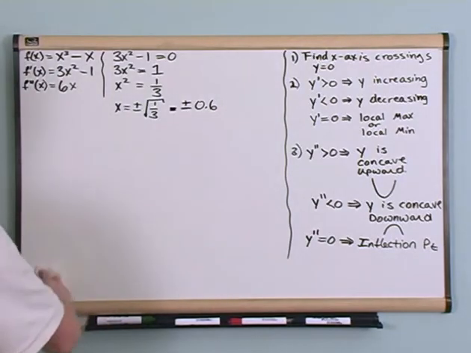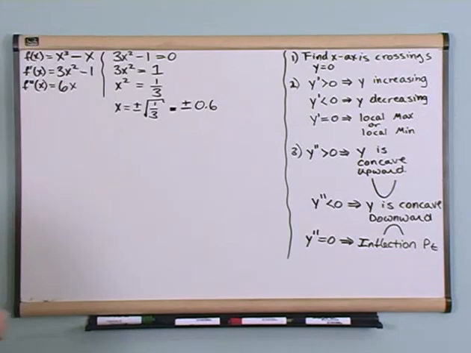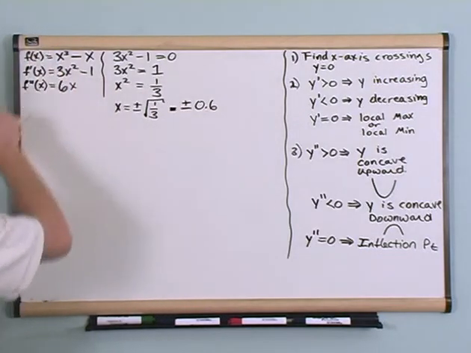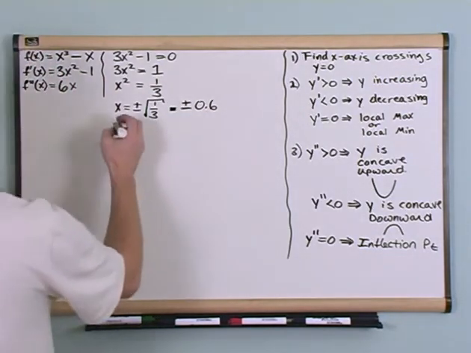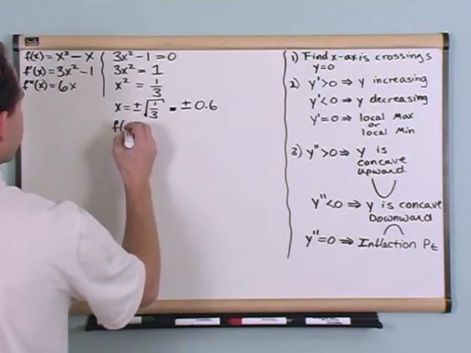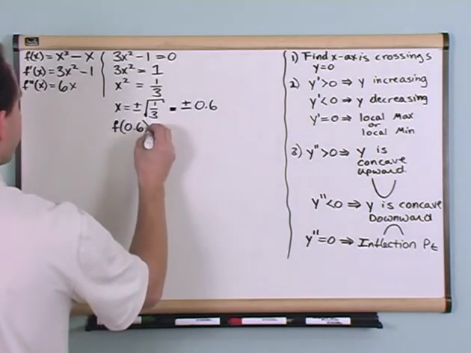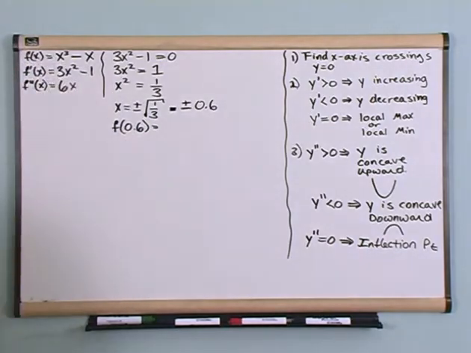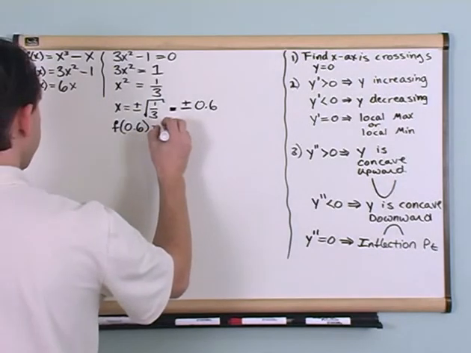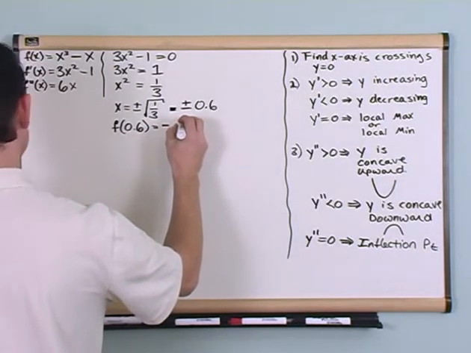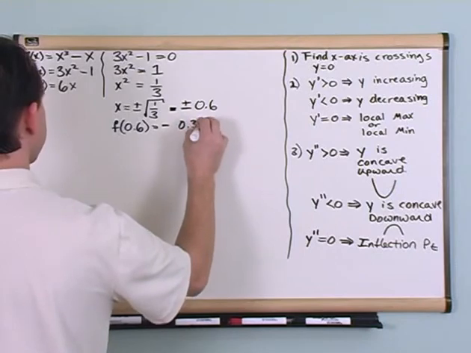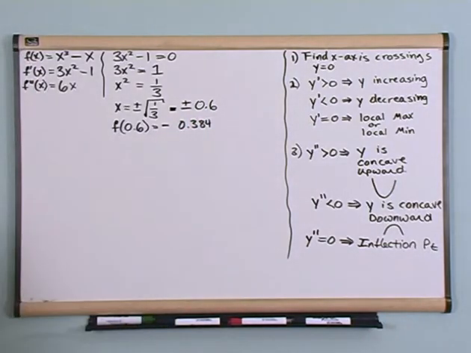So how do I plot it, or how do I figure it out? Well, I know the x value. I'm going to take this x value, stick it into f of x, and get the y value. So let's do that. f of 0.6, I'm just plugging in 0.6 into f of x, and I'm going to let you crank through that on your calculator on your own, and you will see that that equals negative 0.384. Okay, that's just a number that comes out.